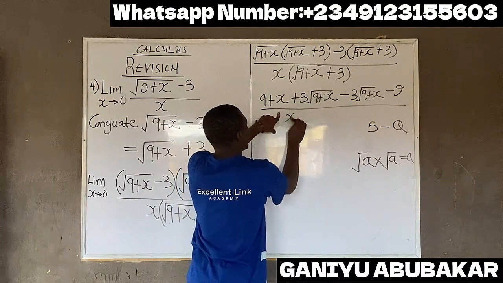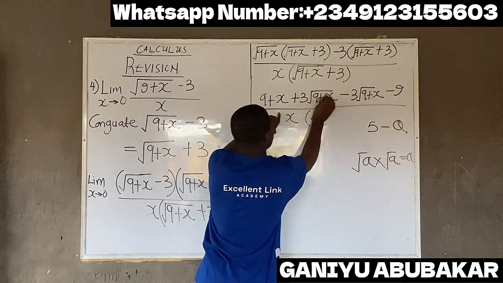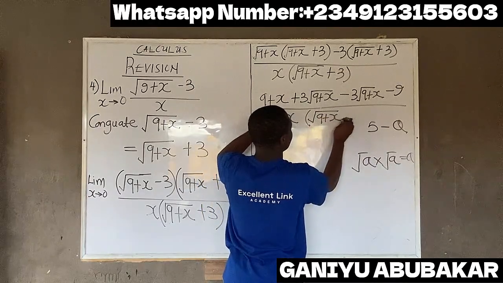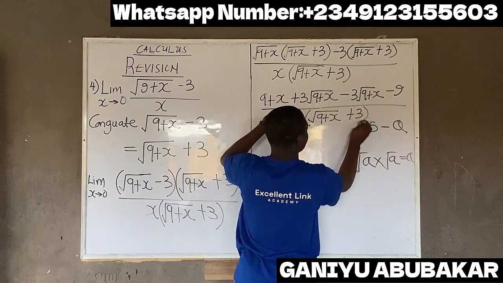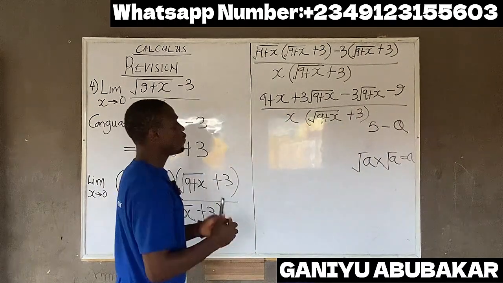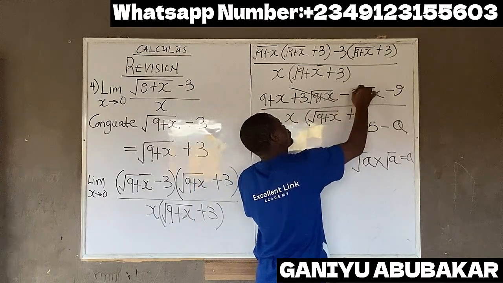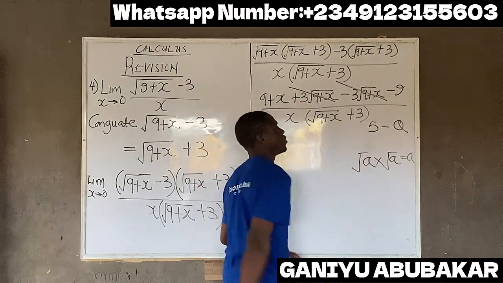That gives you x into root 9 plus x, of course plus 3. I have this expression here. If you observe properly, plus 3 root x will cancel minus 3 root x.